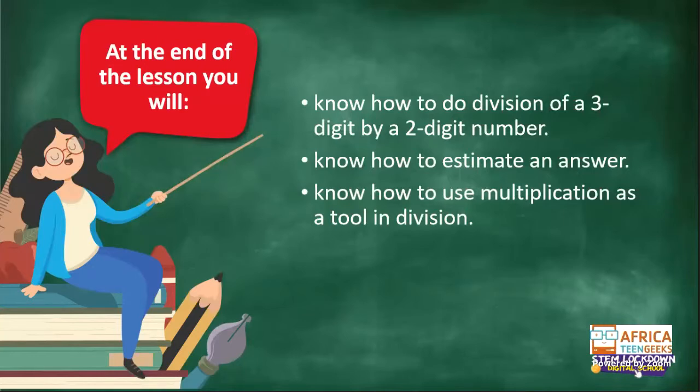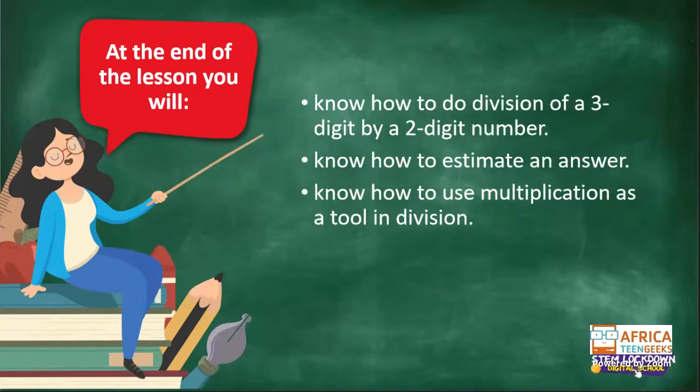Right, and then I will show you how to estimate an answer and how to use multiplication as a tool in division. I think you guys know what multiplication is, and it's a very effective tool to use in division, because if you don't know how to multiply, you will definitely not know how to divide, because they are opposite functions, but they work on the same principle.